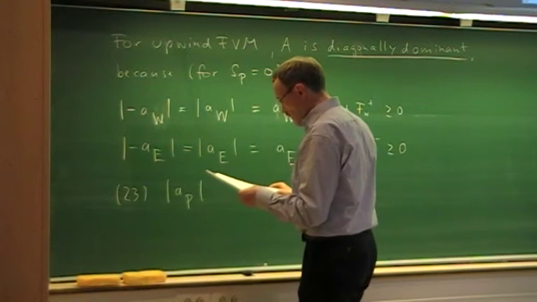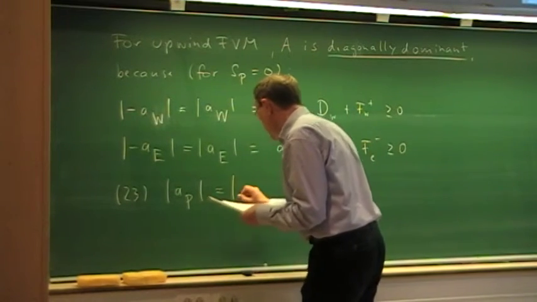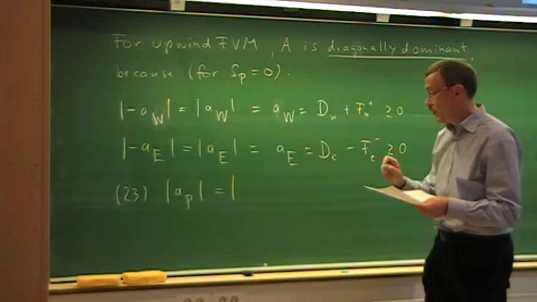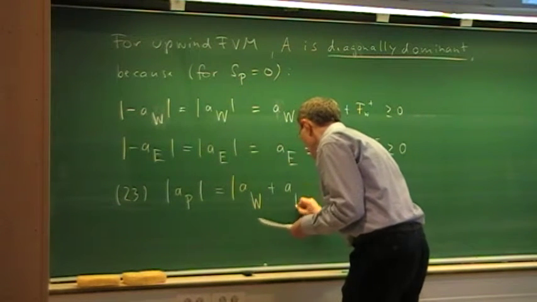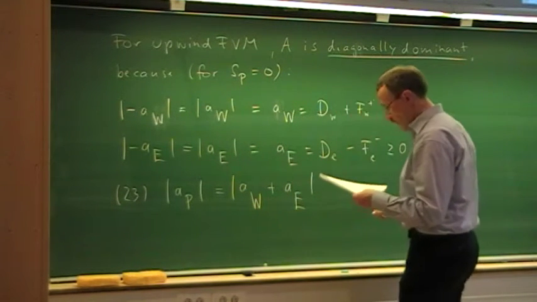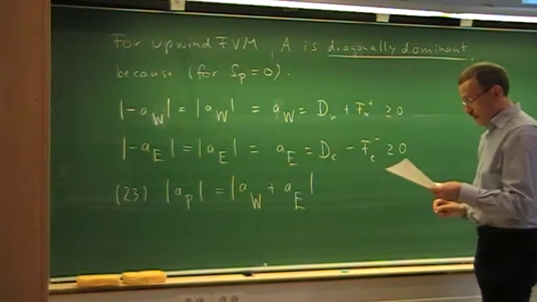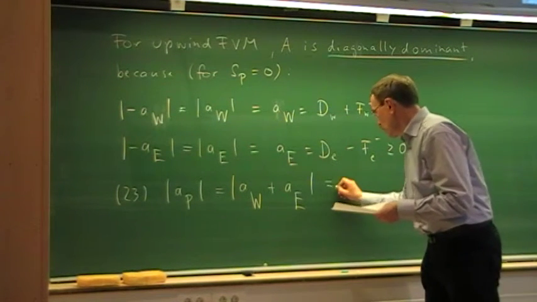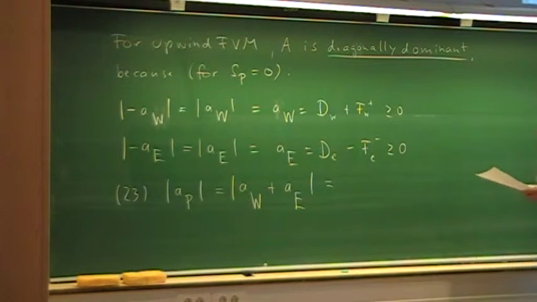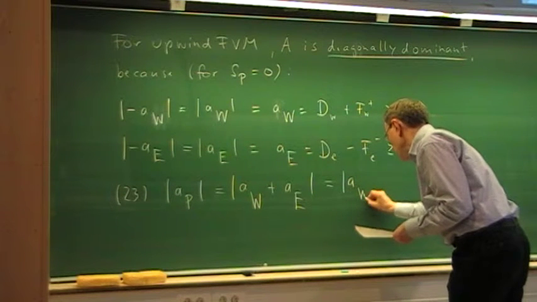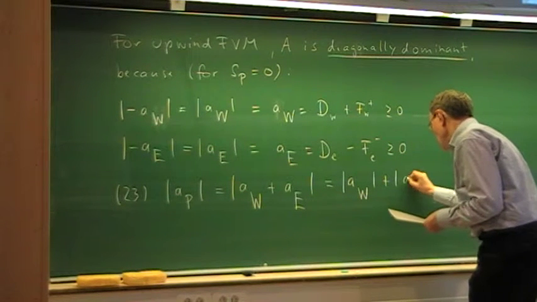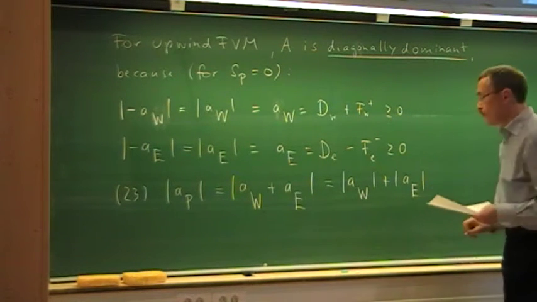that we had derived before, is equal to the western plus the eastern coefficients. And that is equal to the individual coefficients, that is the modulus of AW plus the modulus of AE.